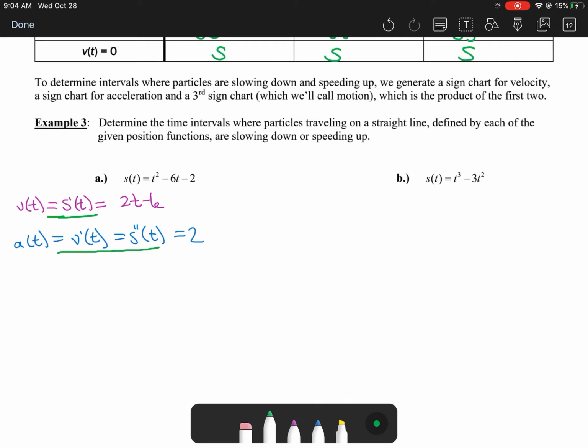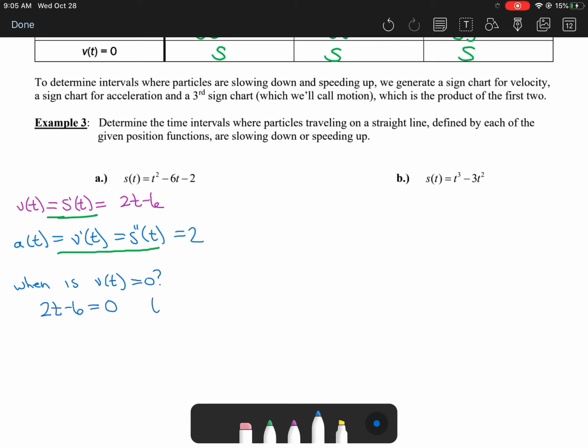The next thing I want to do is ask where my velocity and acceleration are 0. So I'm going to set my velocity equal to 0, because I want to know when the particle is stopped.